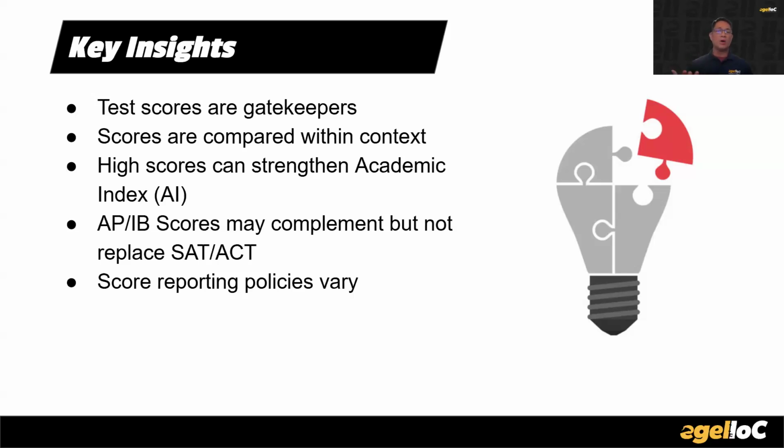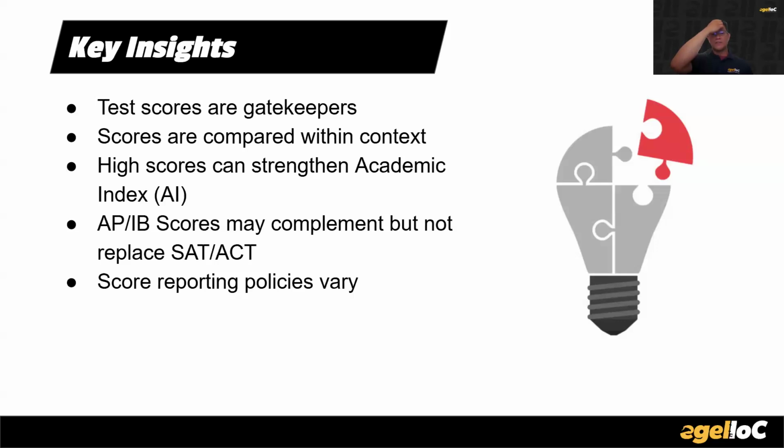So, falling below a school's middle 50% range can definitely and significantly reduce your odds, even if you have a strong GPA. Because if they're test required, they are looking at the SAT scores. If you are below the middle 50% of the range that they advertise, it's going to be difficult to get in.